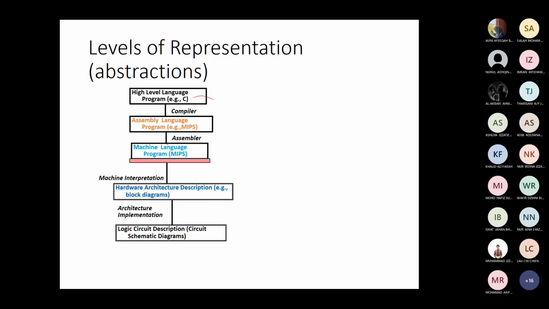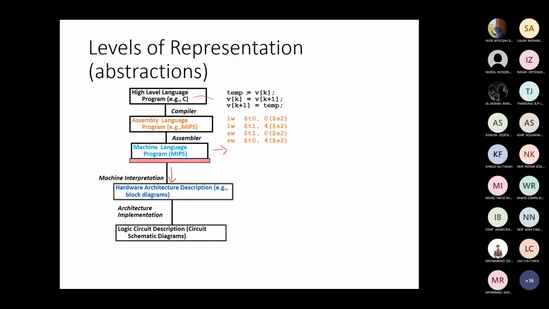Within that executable code there is a machine language program, which can be executed so that we can run it on the processor. The executable contains a machine language program that is interpreted into machine instructions.